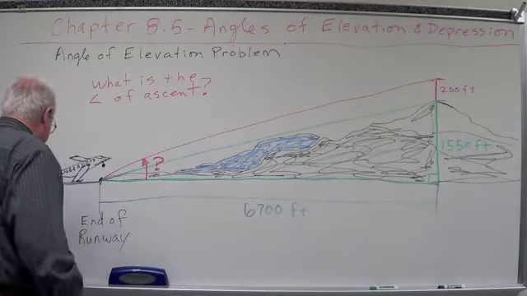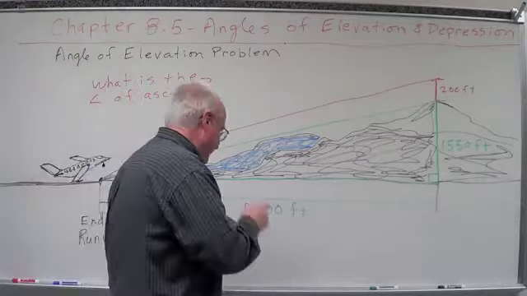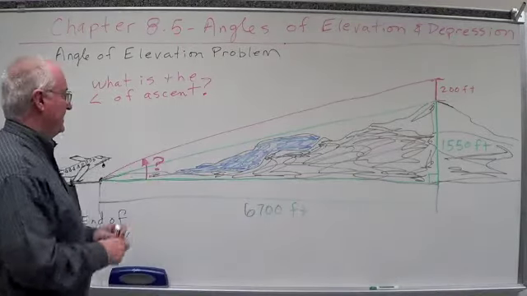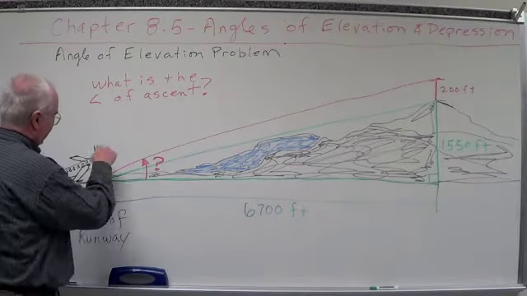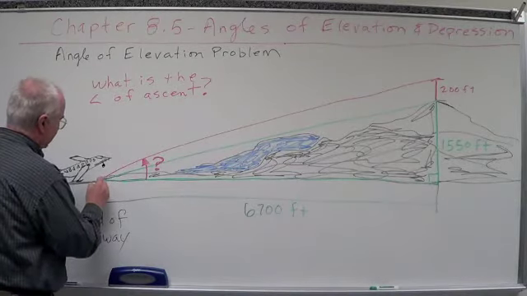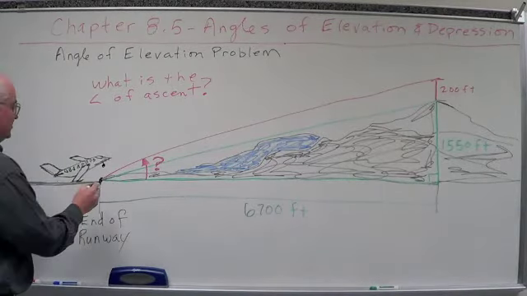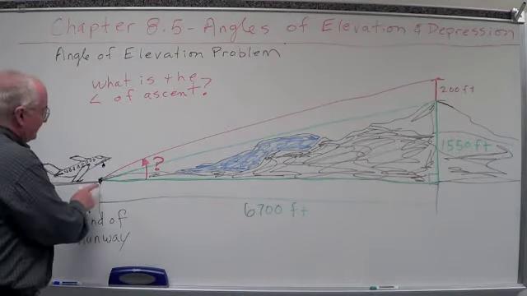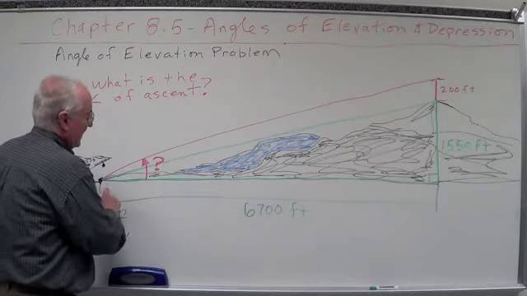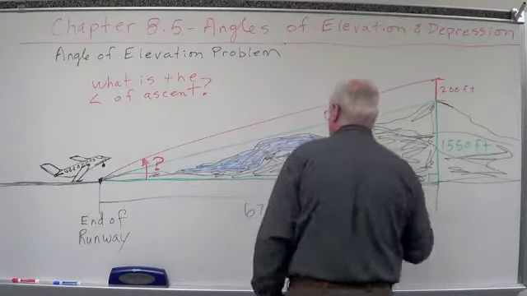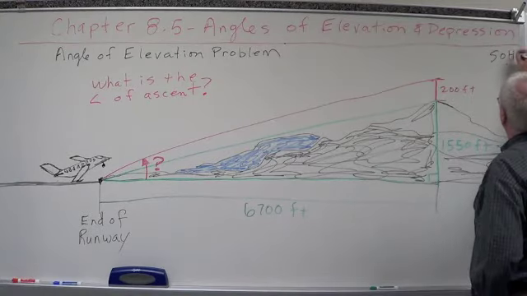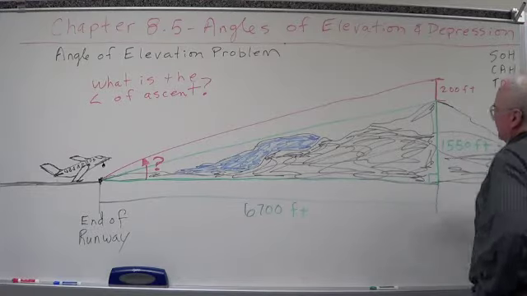So let's look at this and see what we can figure out from it. What we've got is an ascent. We're going to be standing right here on this problem. Our position is right here. We're looking up. It's an angle of elevation problem. I've got to put my SOHCAHTOA over here, otherwise I don't know how to do this.